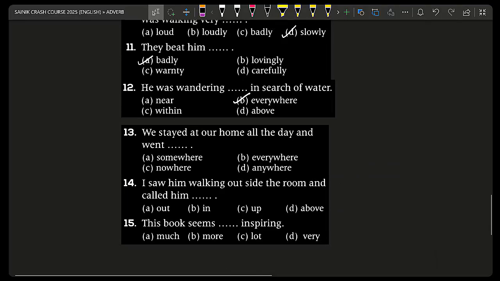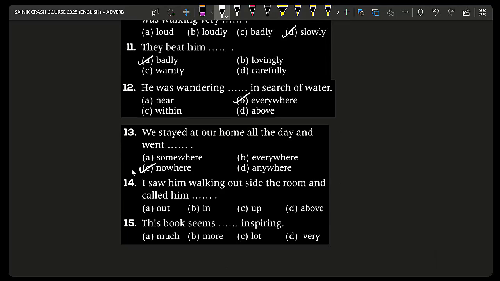We stayed at our home all the day and went dash. Sir, somewhere. Not somewhere. We stayed at home only. That means you went nowhere, right? Yes, sir. Nowhere. We stayed at home only and we went nowhere.